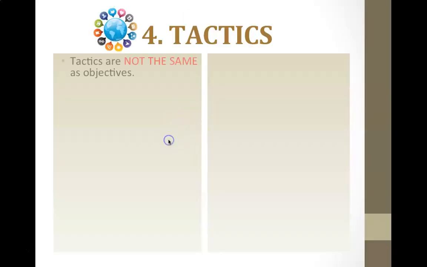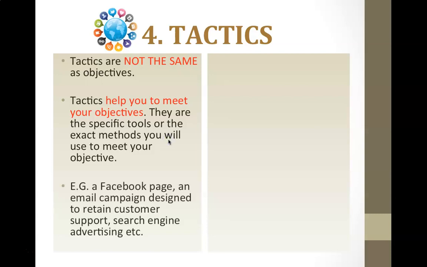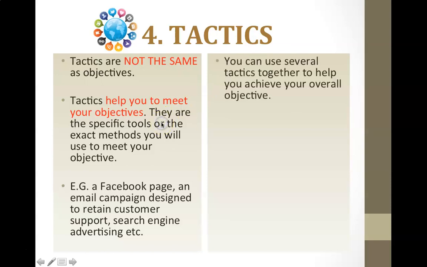Okay, so tactics are not the same as objectives. We're happy with that. Tactics help you to meet your objectives. They are the specific tools or the exact methods that you will use to meet your objective. We talked about the pizza restaurant using different types of tactics to achieve its goal. You can use several tactics together to help you achieve your overall objective, so you're not limited to one tactic within a strategy.